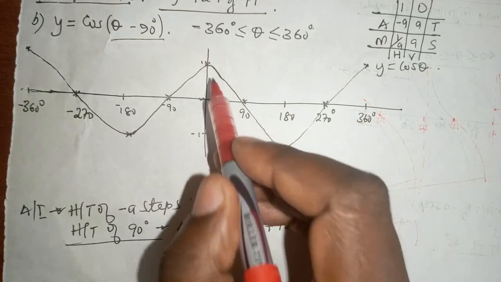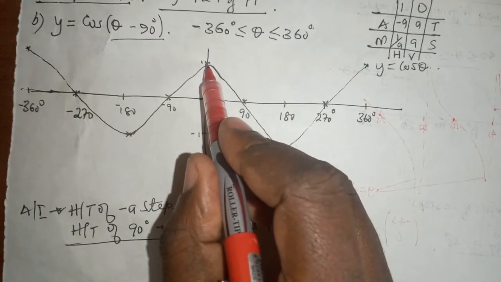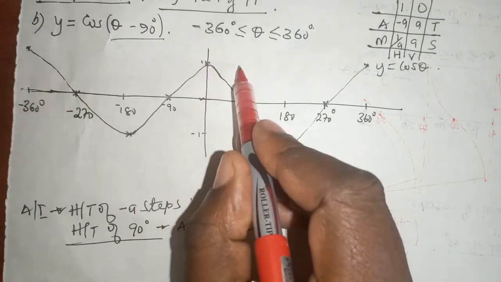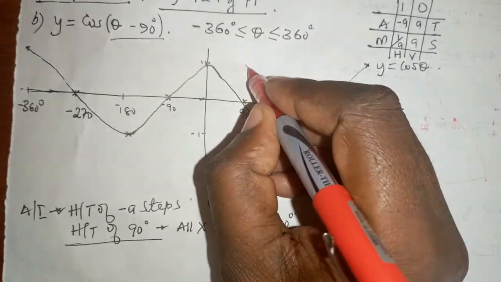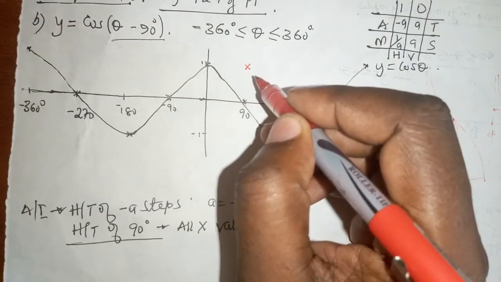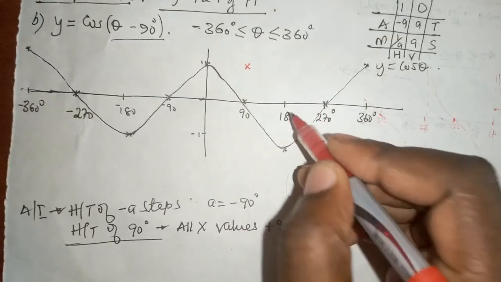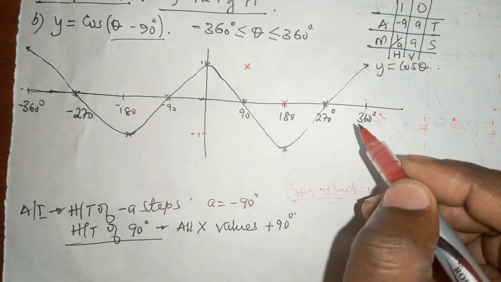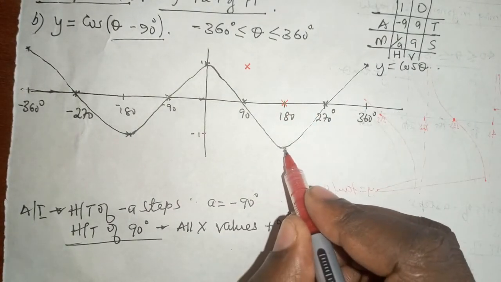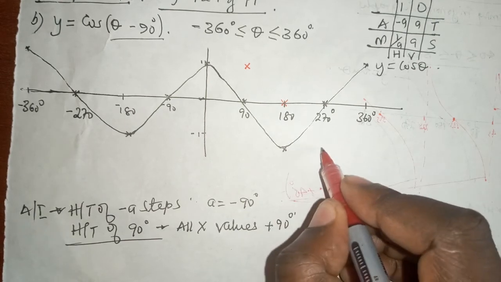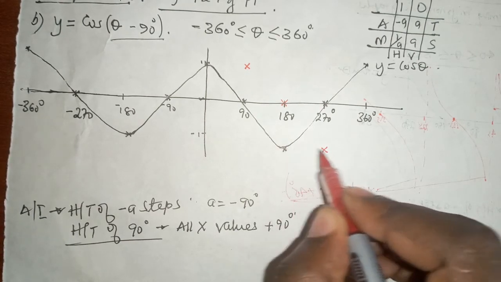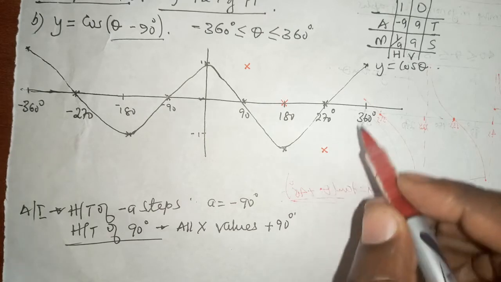Therefore, if this is 0, this particular 0 pushes to the right 90 degrees, so that appears there. This is -1, that will now start at 270, since plus 90 is 270.